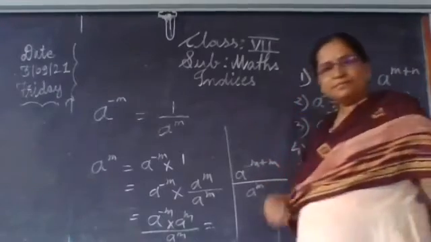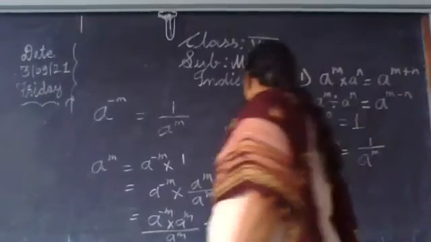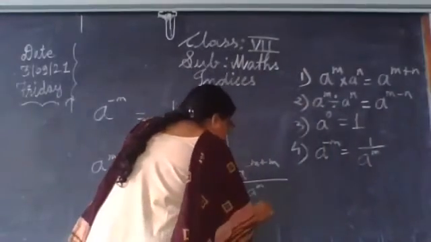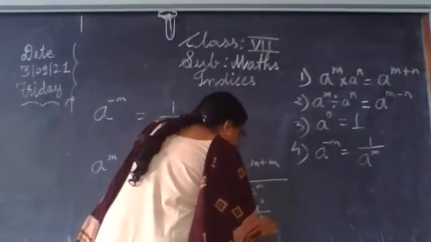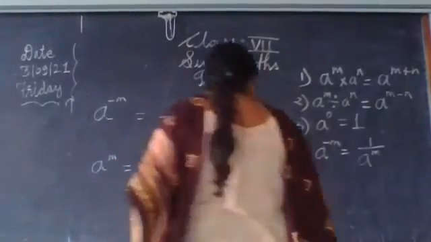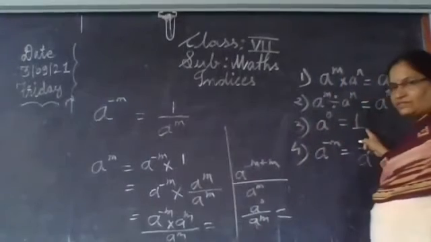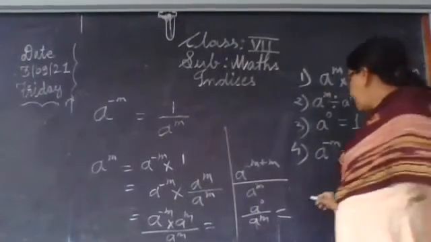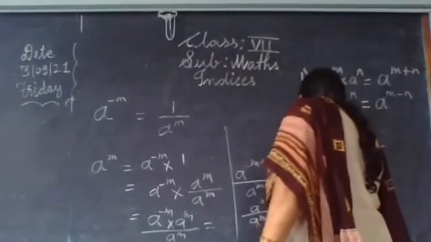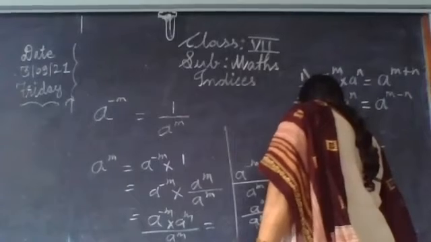Minus n plus n is 0. So a raised to power 0 upon a raised to power n, and just now we have seen a raised to power 0 means 1. So it is 1 upon a raised to power n.